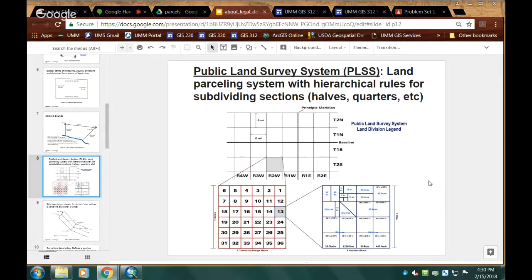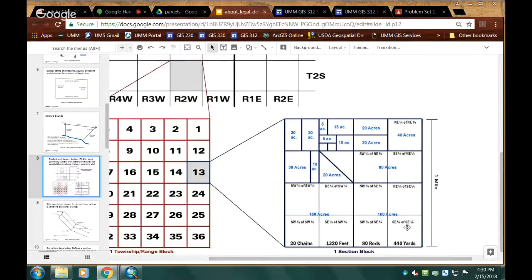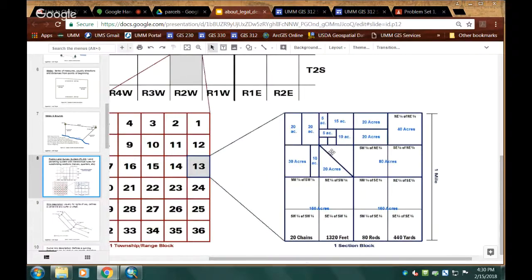But a lot of the Midwest still uses this public land survey system, PLSS, and they're numbered according to a sort of grid pattern. She describes it in greater detail in the book. It's not used in Maine, so I don't really go into it in this class. But there are different types of parcels.